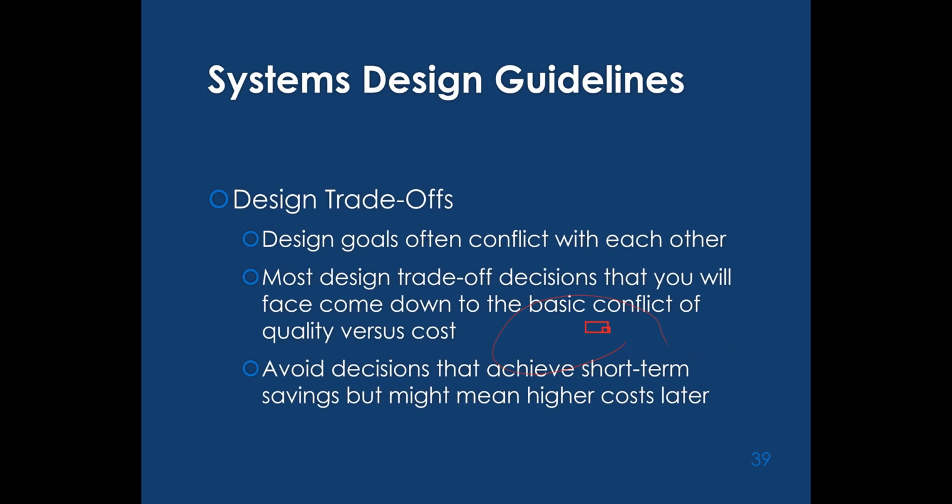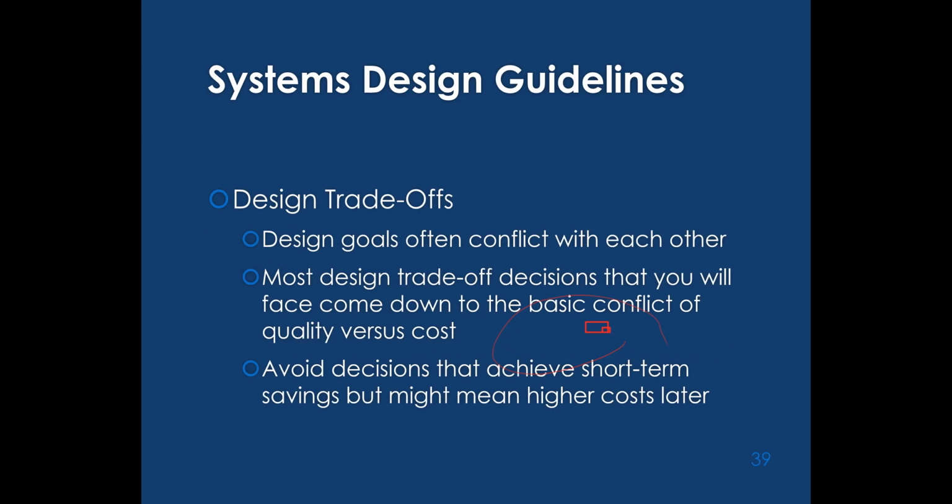Next one, design trade-off. Design goals often conflict with each other. Most design trade-off decisions that you will face come down to the basic conflict of quality versus cost. So that means you have to think first.